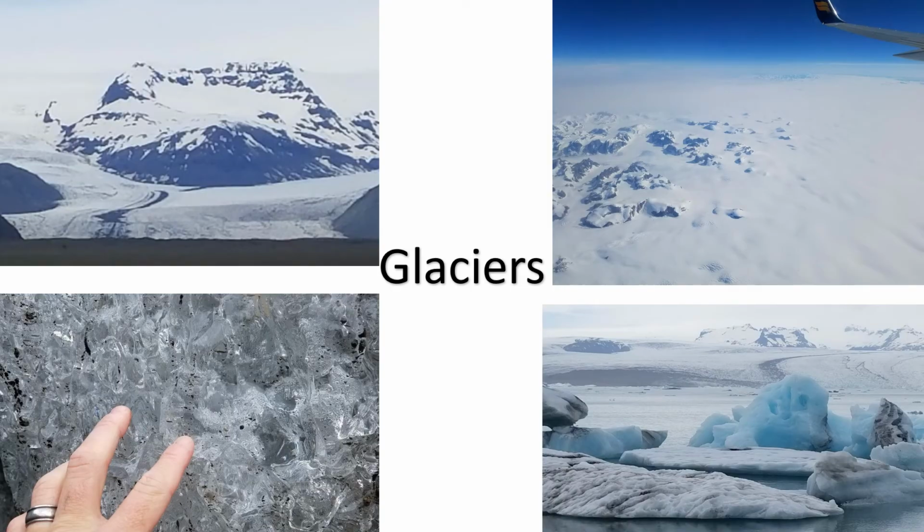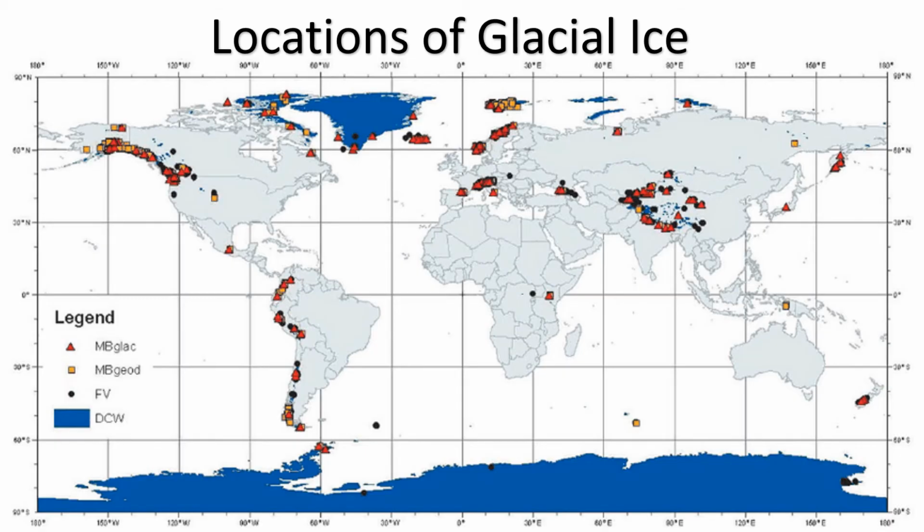Where are glaciers? Glaciers aren't found everywhere. Most of the glacial ice is found in Greenland and in Antarctica. Nobody lives there. That means a large portion of the Earth's fresh water is basically useless. It's frozen in place. It's not flowing.